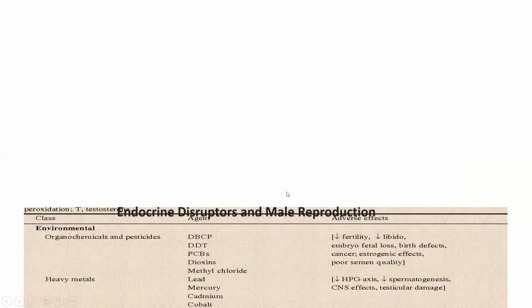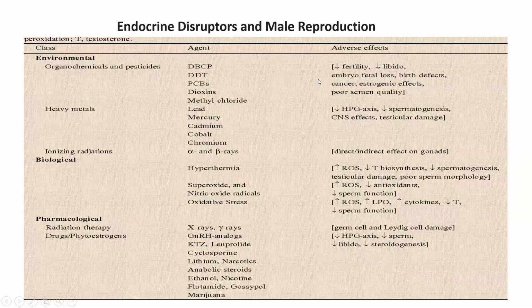Similarly, if endocrine disruptors affect male reproduction, they also produce several types of alterations. Suppose males are exposed to organochemicals and pesticides like DBCP, DDT, and dioxin, or heavy metals like lead, mercury, and cadmium.